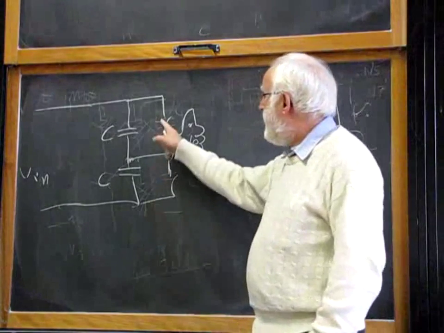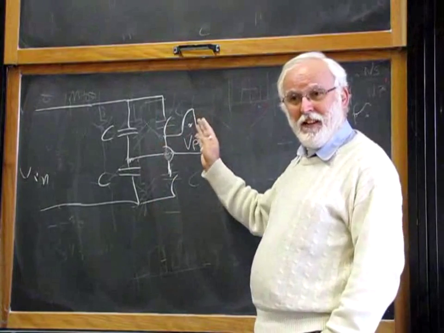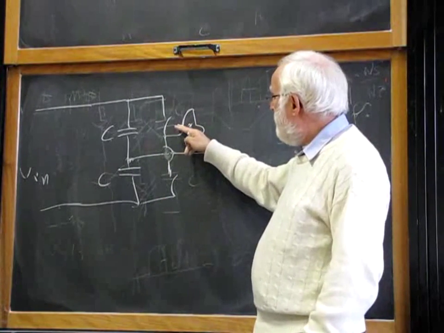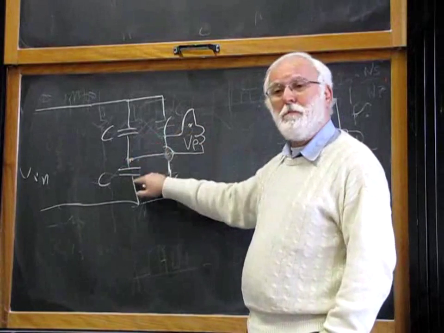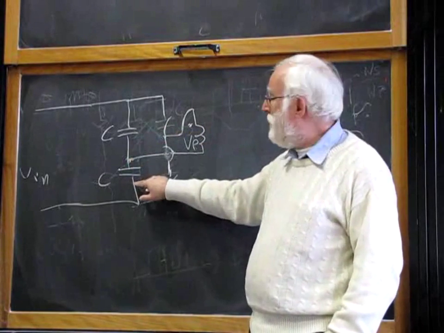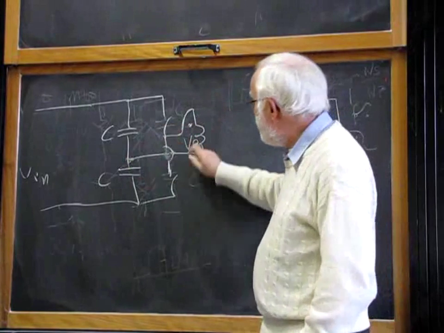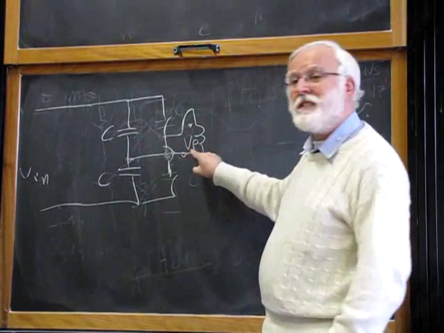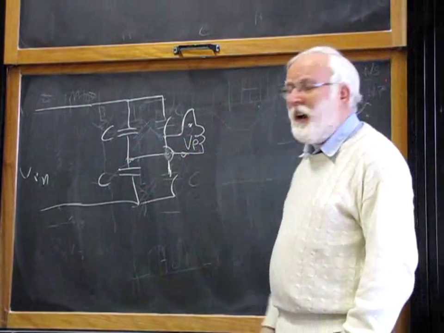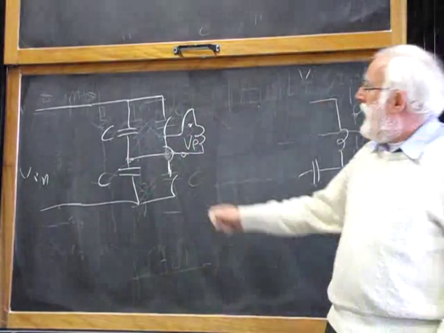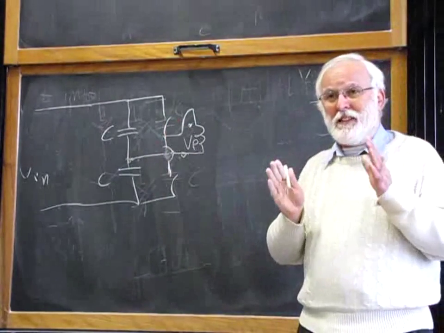If we drive these two switches exactly 50% and everything is symmetrical, even if the two capacitors are not exactly the same value, this point will go exactly at 1/2 of the input voltage, because there is no DC current from it. Let's suppose that our driving of these two switches is not perfectly timed.